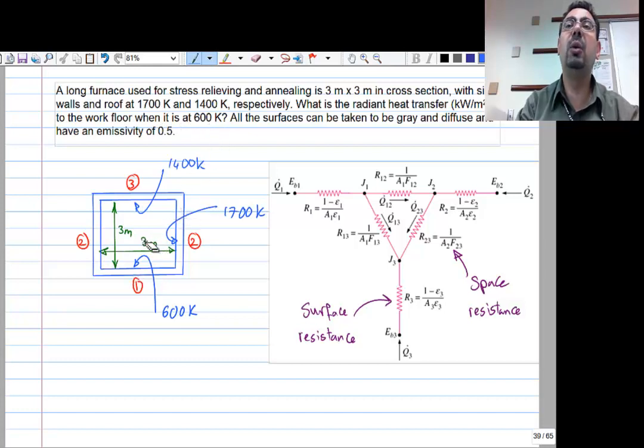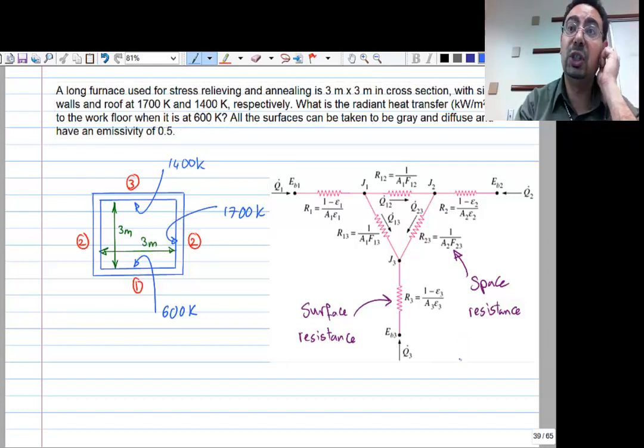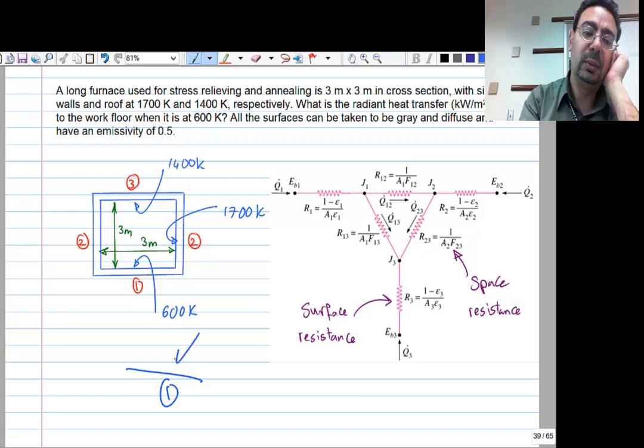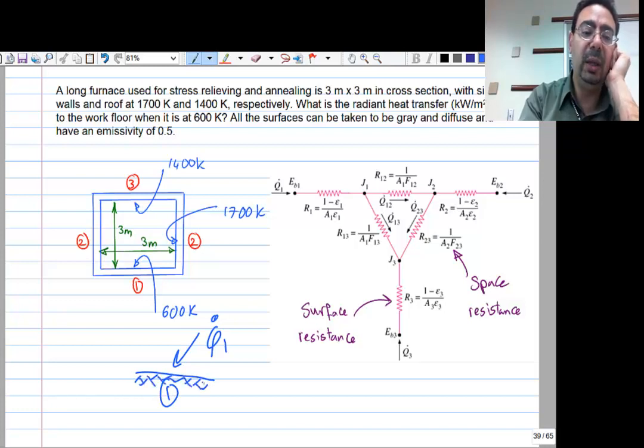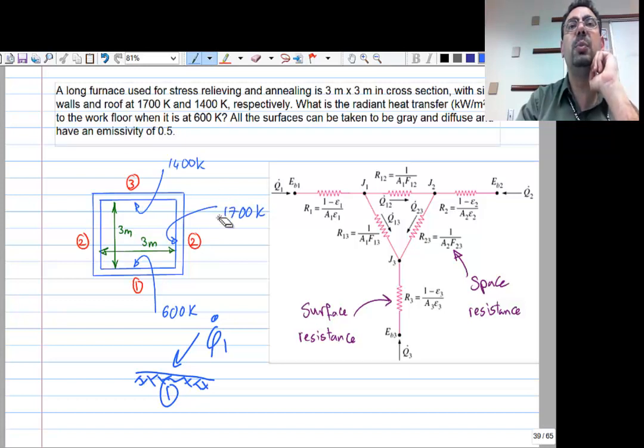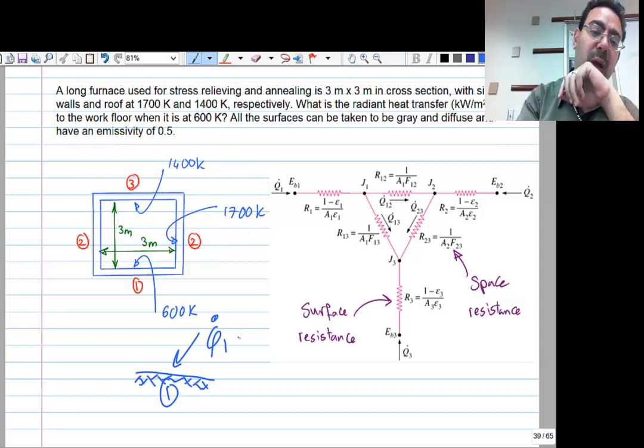So he wants to find out how much Q will end up hitting that surface 1, Q dot 1. Obviously, 1 will be on the receiving end when it comes to radiation, because both 2 and 3 are hotter than it. Okay? So this is what's required. We want to calculate this Q.